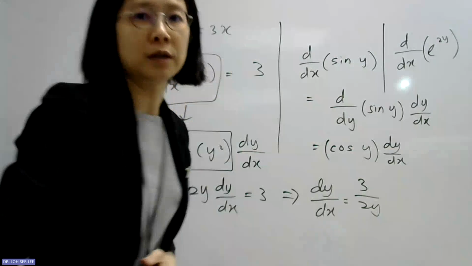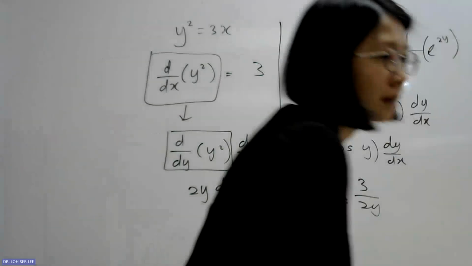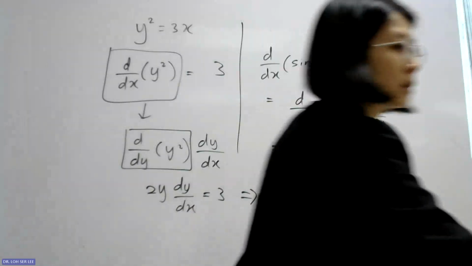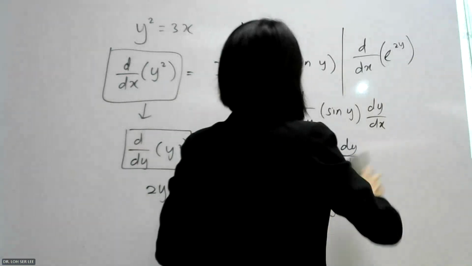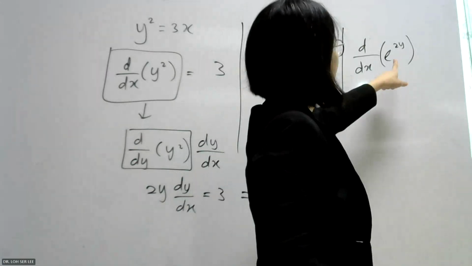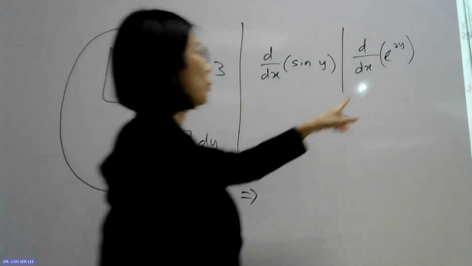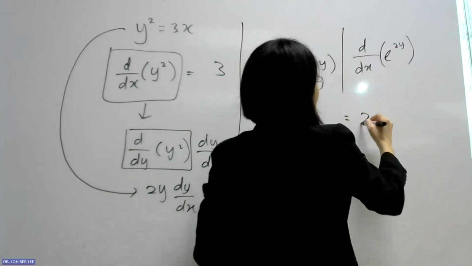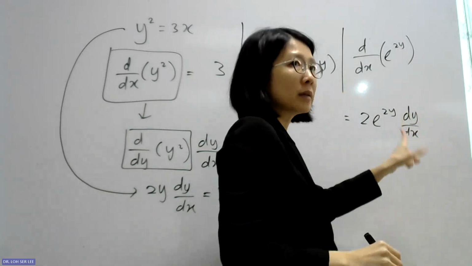When you differentiate the exponential function with respect to y, you get 2e to the 2y, followed by a term dy dx.